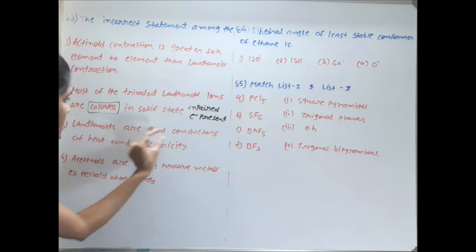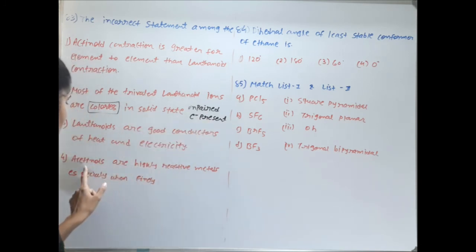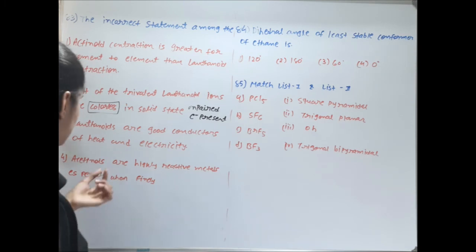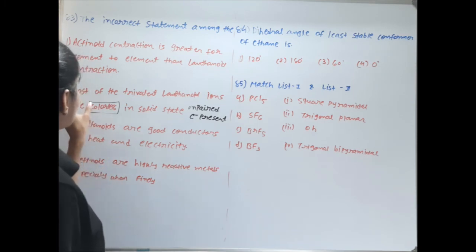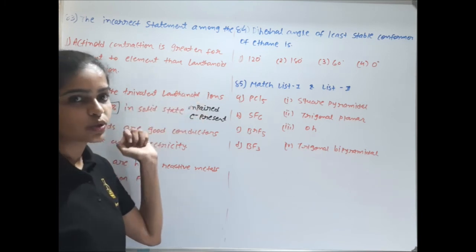Third, lanthanoids are good conductors of heat and electricity. Yes, because of the unpaired electrons. Actinoids are highly reactive metals, especially when finely divided. So the right option is 2: most of the trivalent lanthanoid ions are colorless in the solid state.